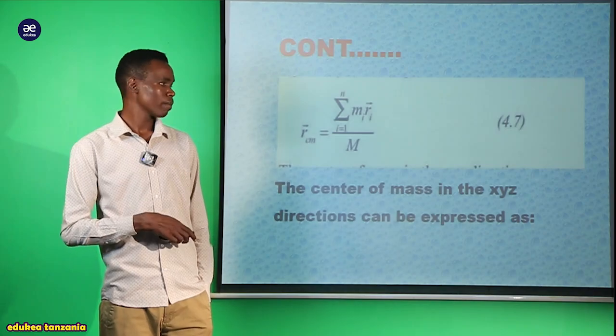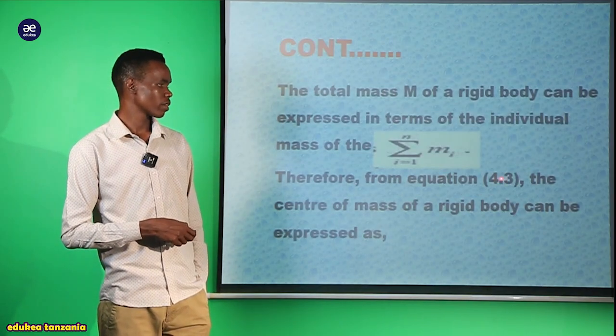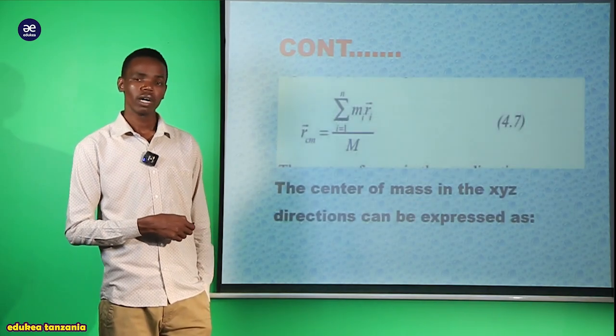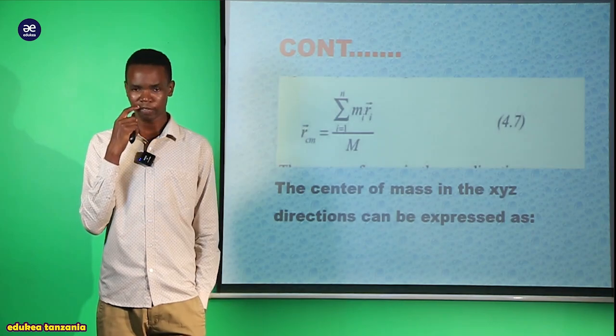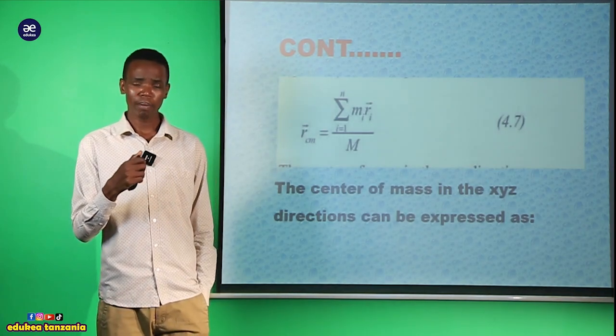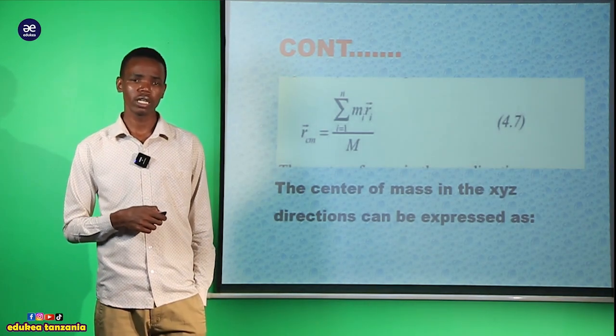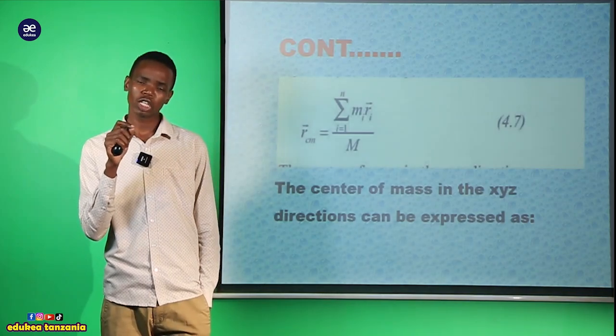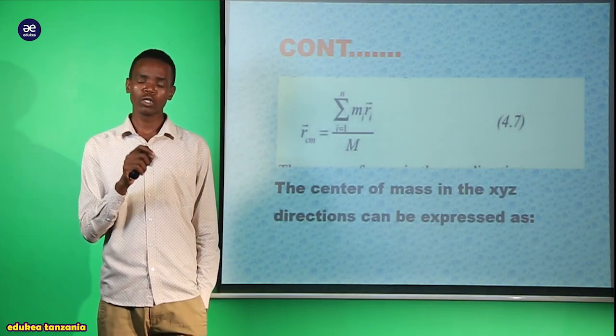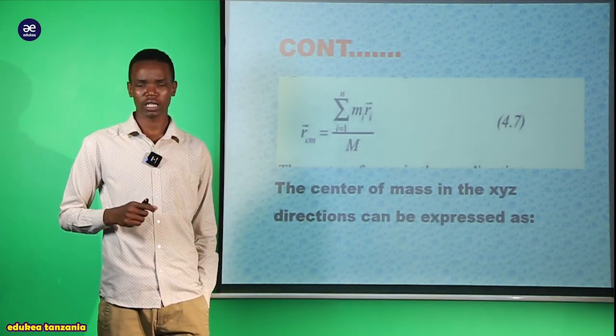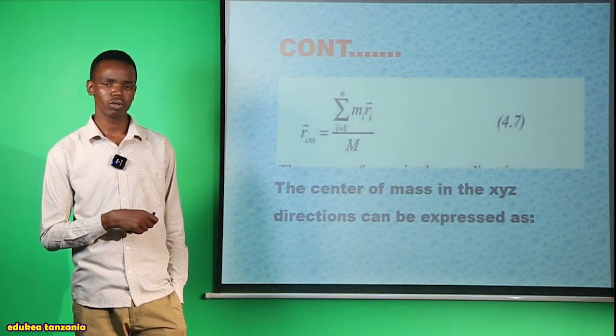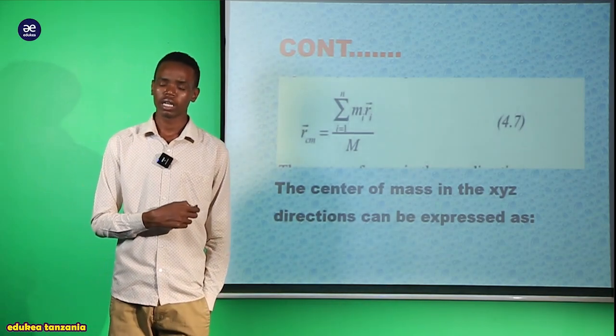Here, equation number 3 and equation number 4 do not differ much. They are similar, but what differentiates them? Instead of using the summation of masses, we use the individual masses, as we have been told in our statement. We should use the individual m.